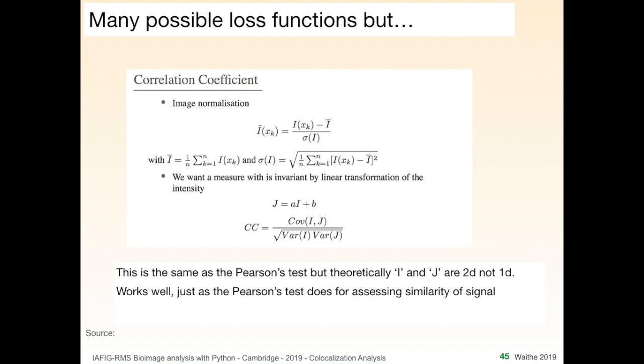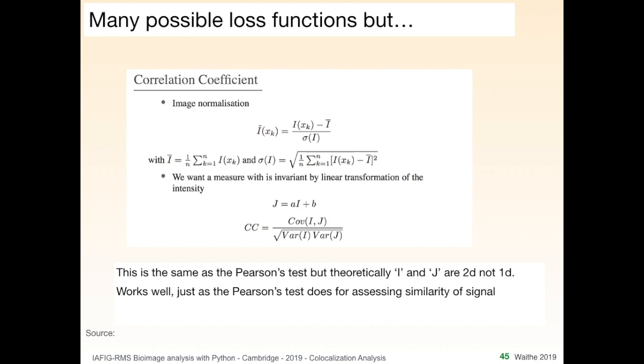And that's why you should learn about the dot product and all that sort of stuff, because it keeps appearing. And this would mean that your images don't need to be of the same absolute intensity level, as long as they were basically high and low in the same sort of area, then you could get a good sense of how similar they are. Whereas if there's some reason one of your images was changing in overall intensity, you would struggle. So the correlation coefficient, basically very similar to the Pearson's test, is a great way of assessing how well your images are overlapping, and you'll see that in the practical as well.